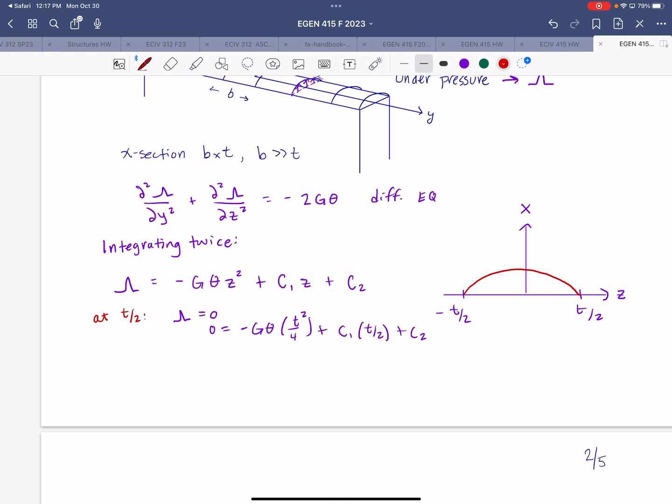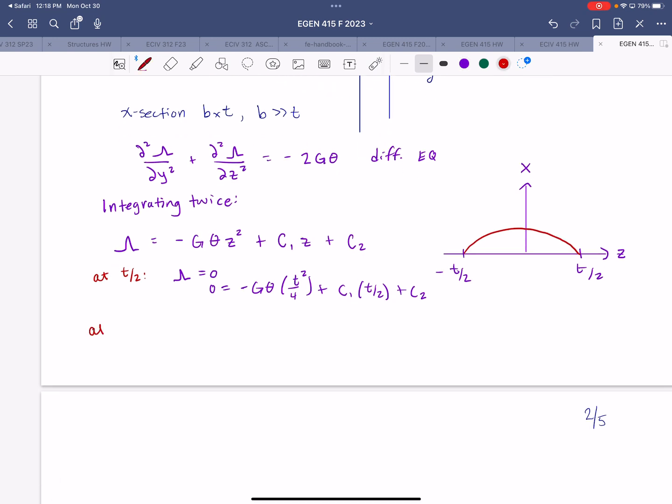And then if we plug in our other boundary condition, which is negative t over 2, where lambda is also equal to 0, we have two equations with two unknowns. The unknowns are just the constants of integration. So solving, we would find c1 is equal to 0 and c2 is equal to G theta times t squared over 4.